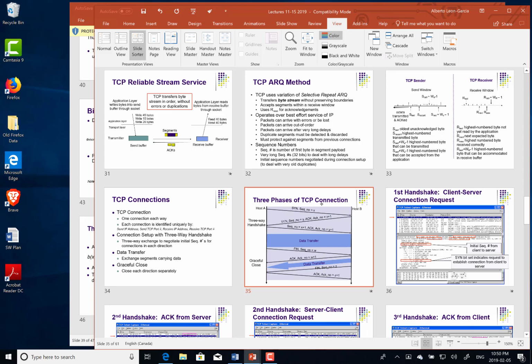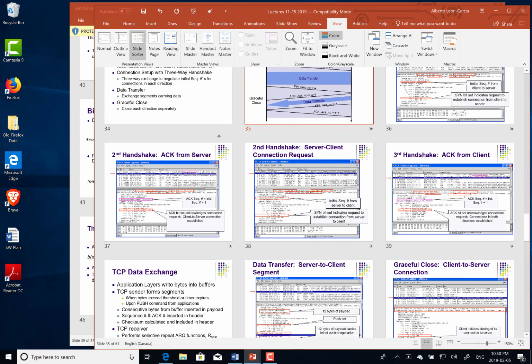TCP not only uses a three-way handshake to start the connection, but it uses a graceful close, a pair of other handshakes, to close the connection in each direction. Remember, TCP has two connections, one in each direction, and each one is closed separately.